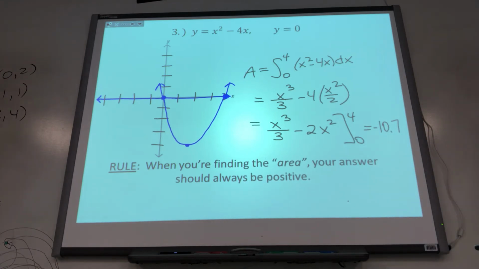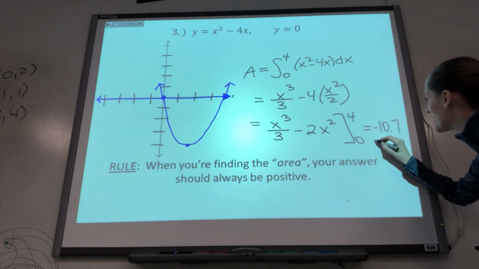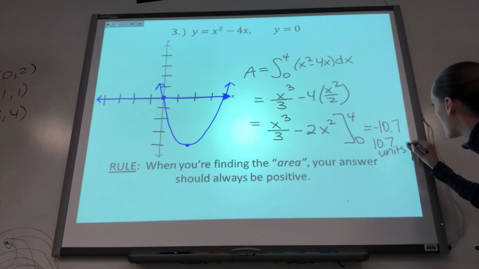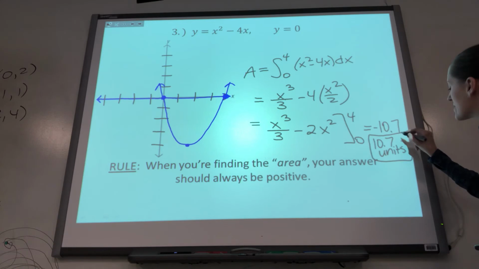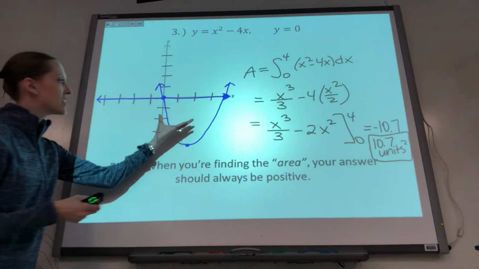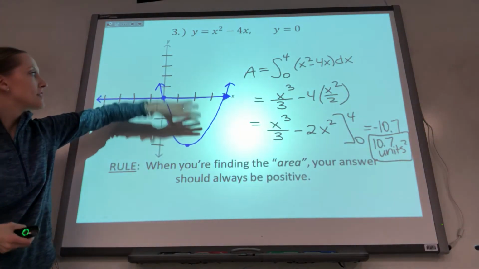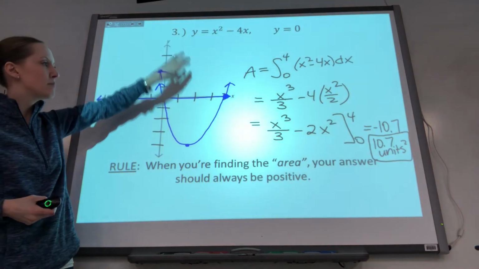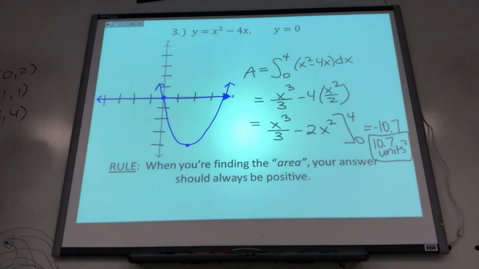So because my answer should be positive, all I'm going to do is take that answer and remove the negative sign. So actually our answer is 10.7 units squared. If you imagine this same region just above the x-axis, then it would be positive 10.7 instead of negative.